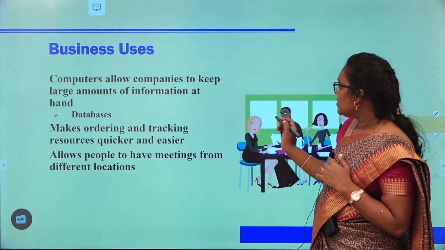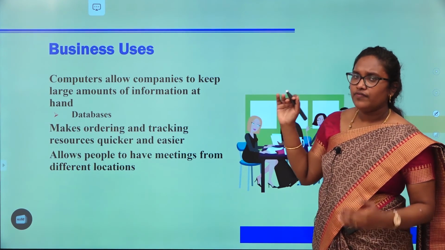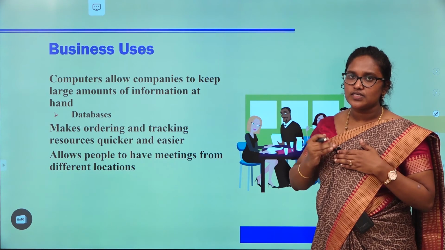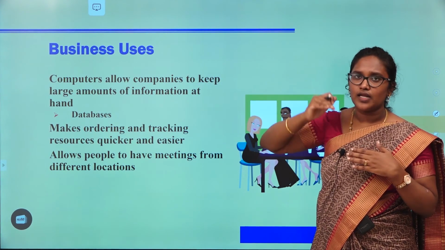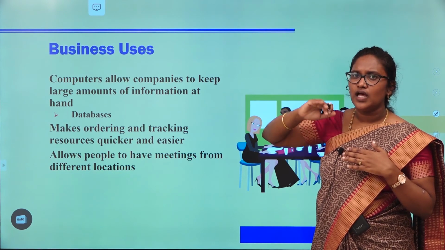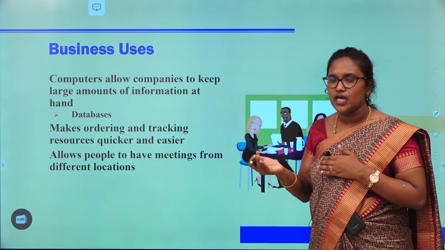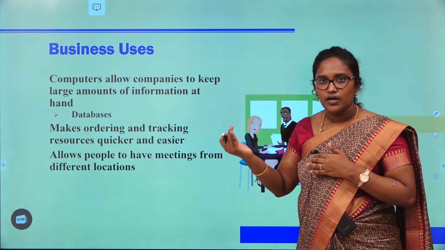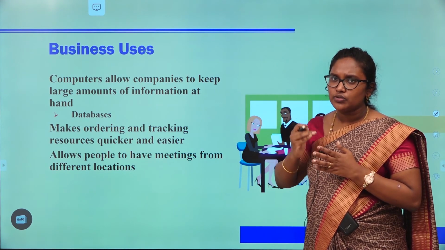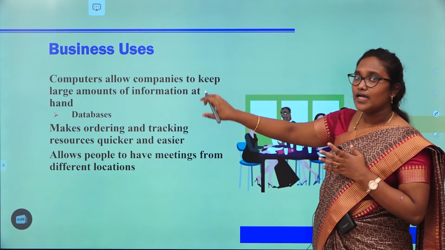Next one is business use. If you consider Vigyan University as one business use, this is an organization which maintains a large amount of data or large amount of information. Either it may be related to students, or the faculty, or the academics. For any kind of data it maintains large storage.